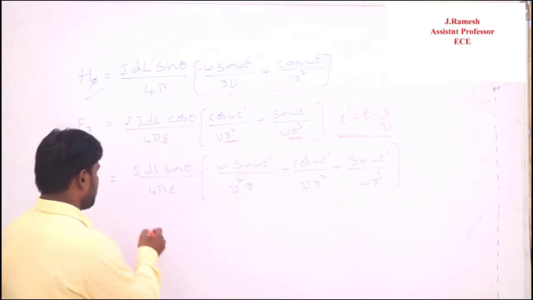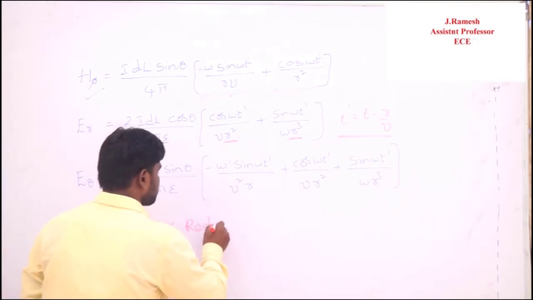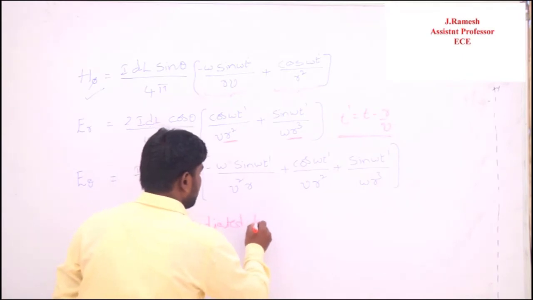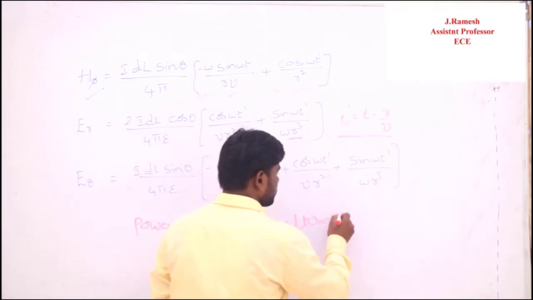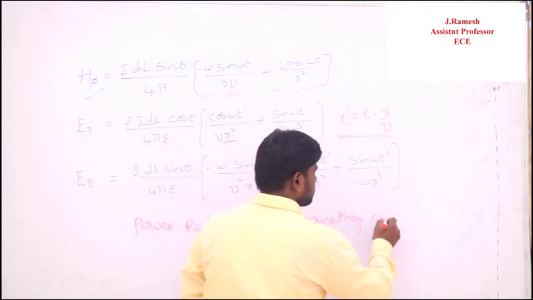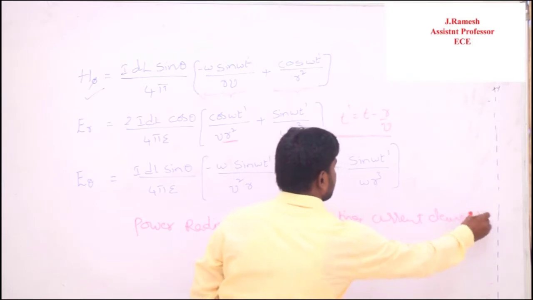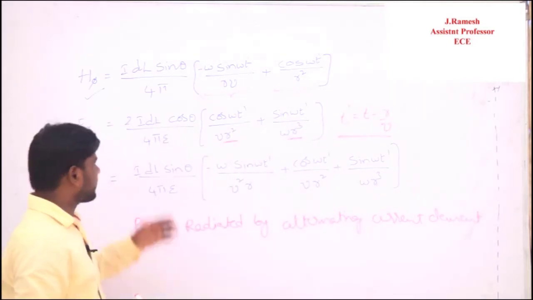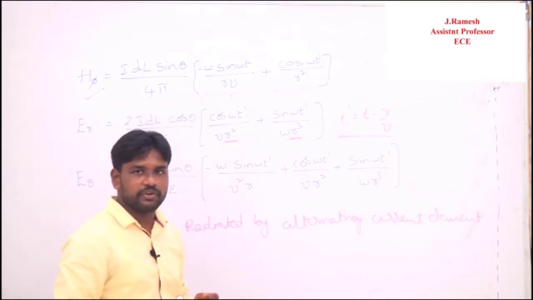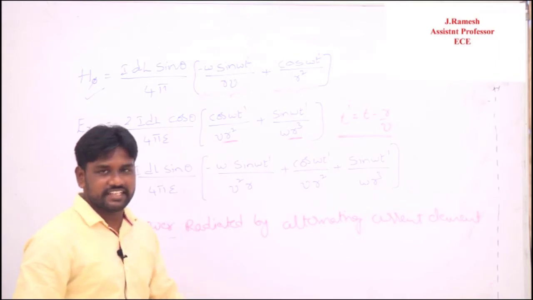So now my topic is the power radiated by an alternating current element. If you have the electric field components and magnetic field components, now how are we going to derive how much power is radiated?